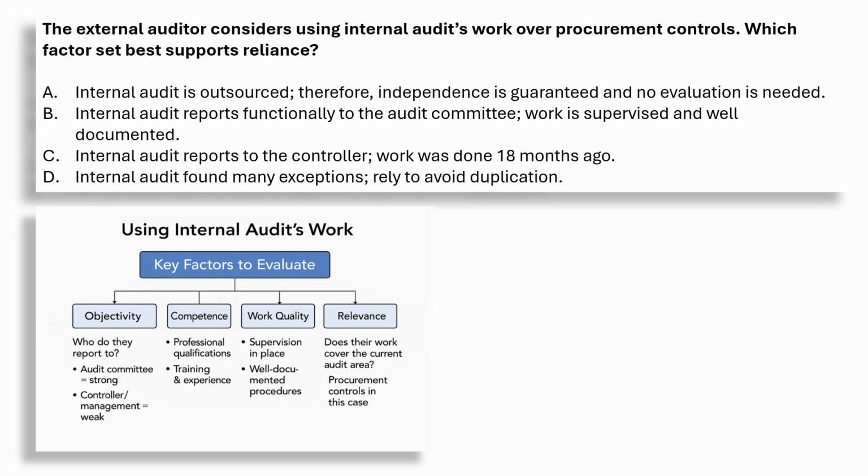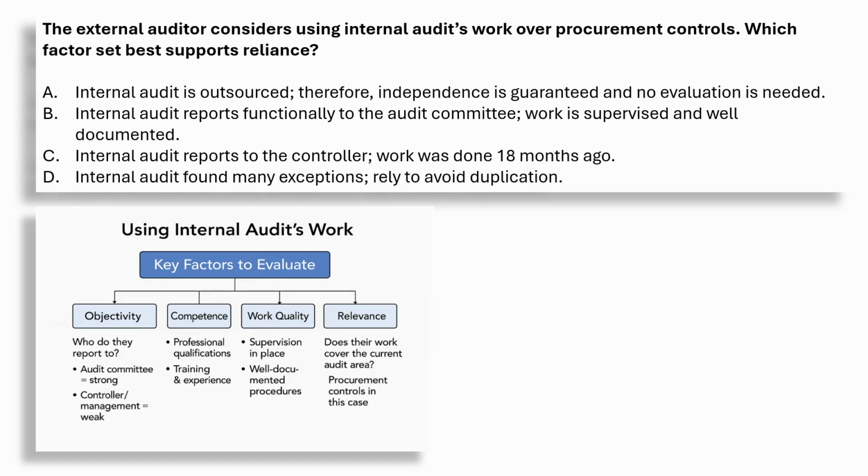Here's a simple mind map for relying on internal audit work. Key factors to evaluate. Objectivity, who do they report to? Audit committee equals strong. Controller or management, weak. Competence, professional qualifications, training and experience.